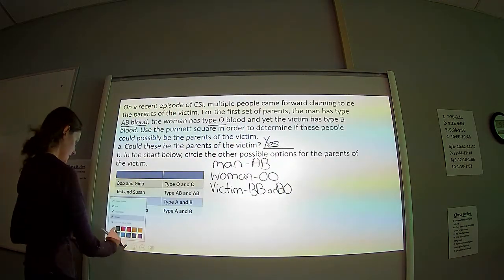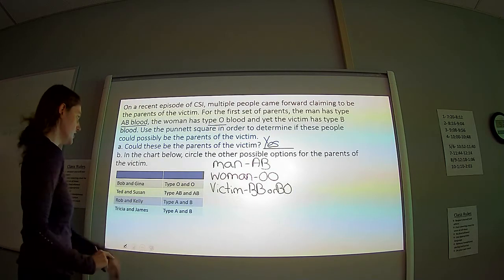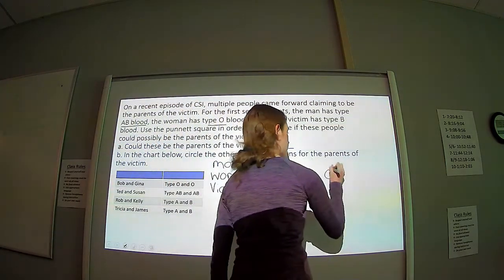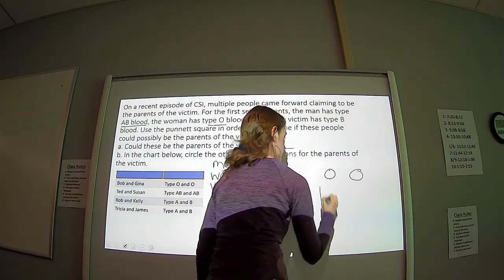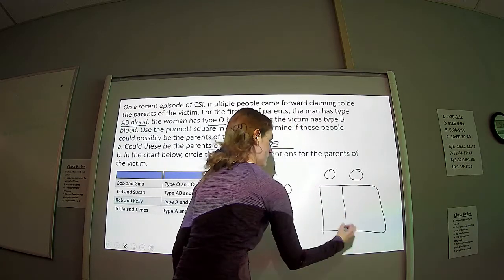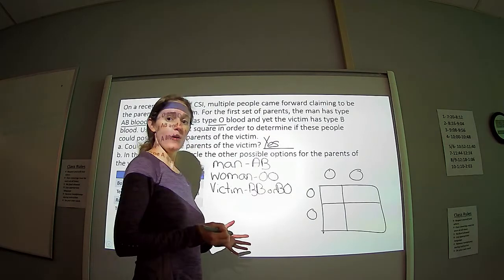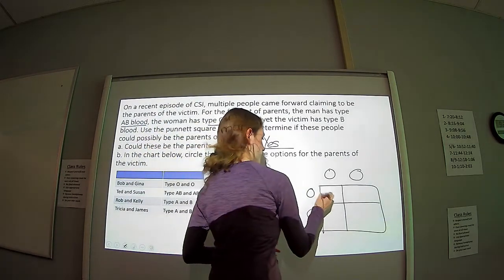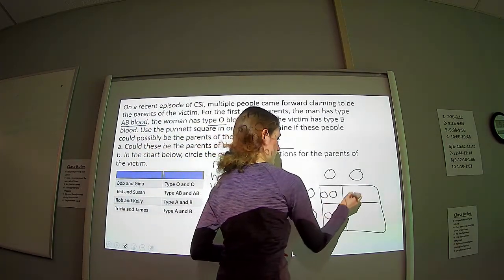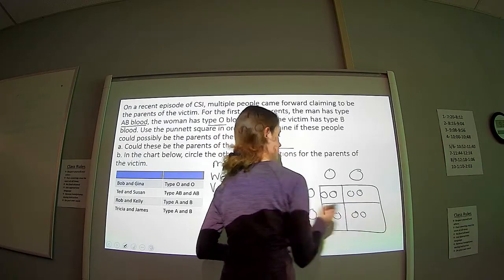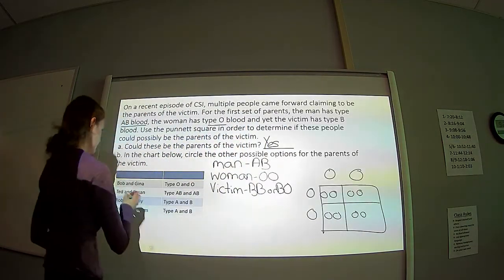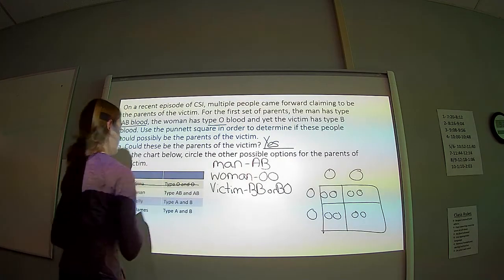So my first parents here are Bob and Gina, and they are type O blood. Okay, so that's going to be all O's. Remember, O is your recessive blood type. Bob and Gina, no way they could have had a baby with type B blood.